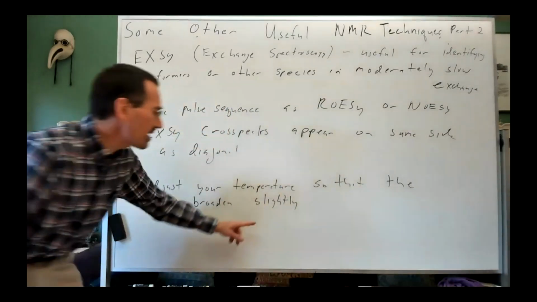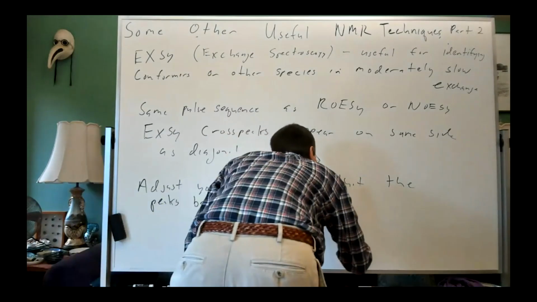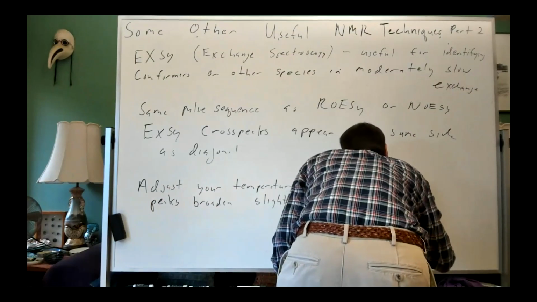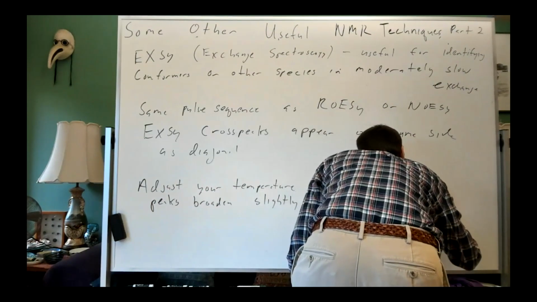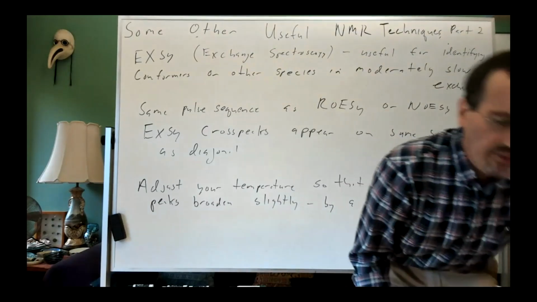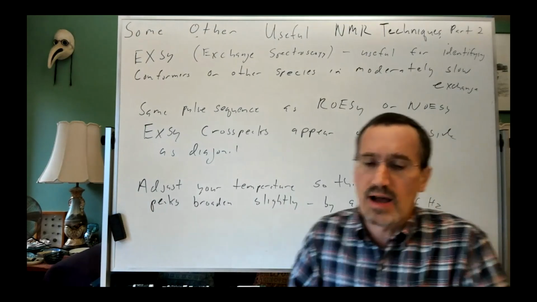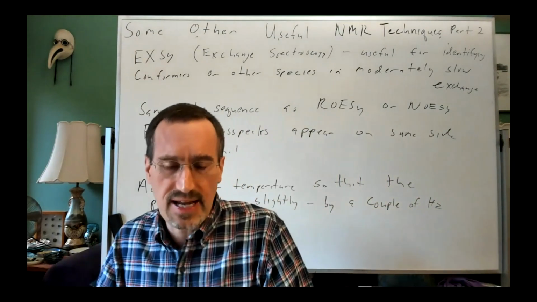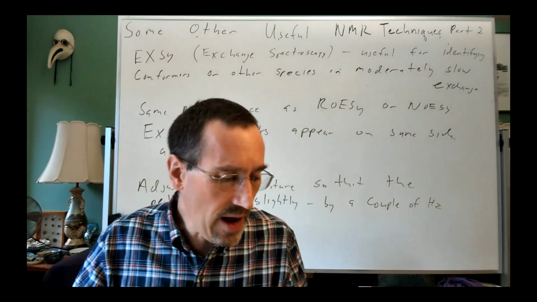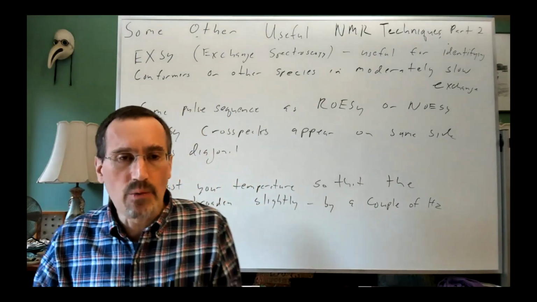And by slightly, I mean by a couple of hertz. Because what that broadening is indicative of is that chemical exchange is occurring on the order of hundreds of milliseconds, or 100 milliseconds, and that's going to give rise to a cross peak. So let me explain what I mean here.